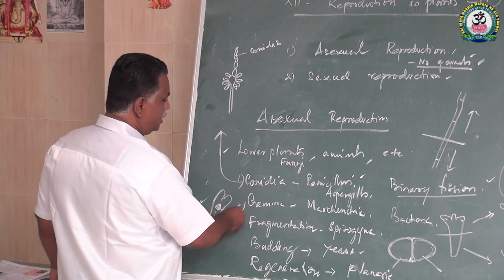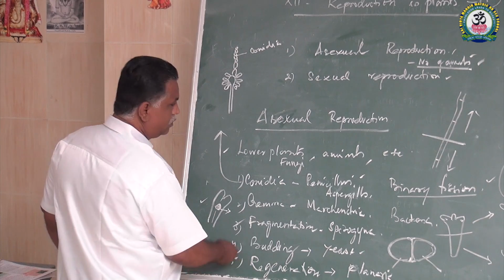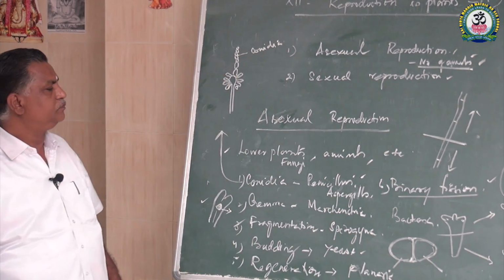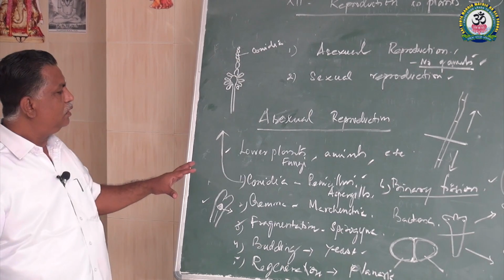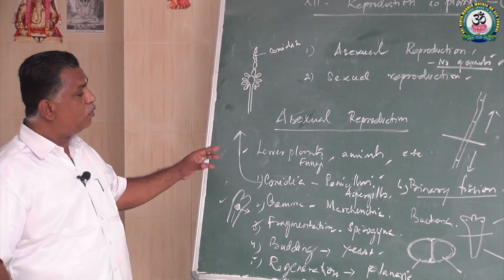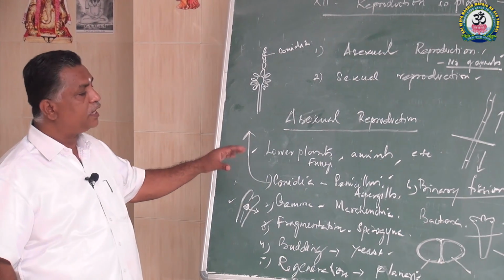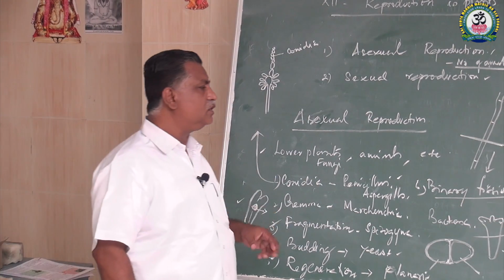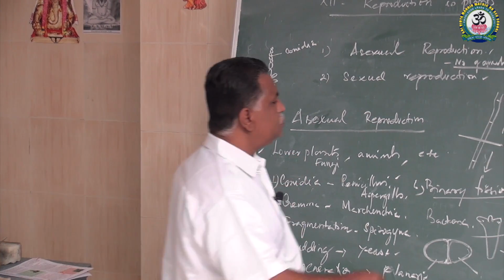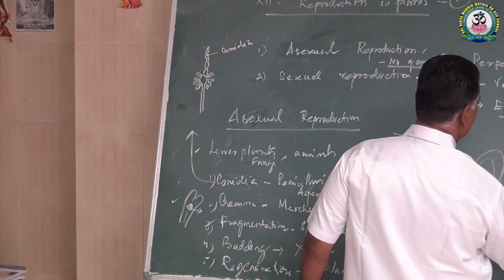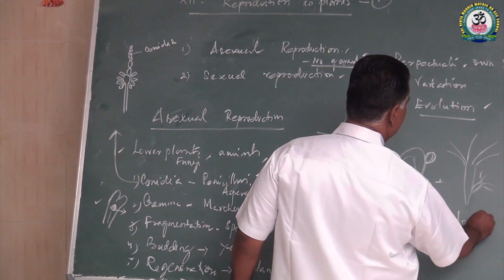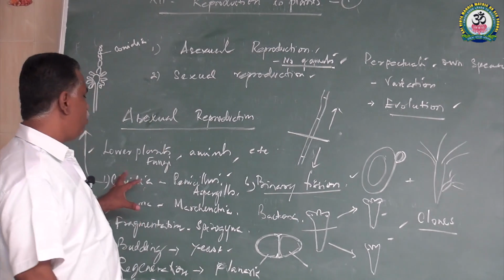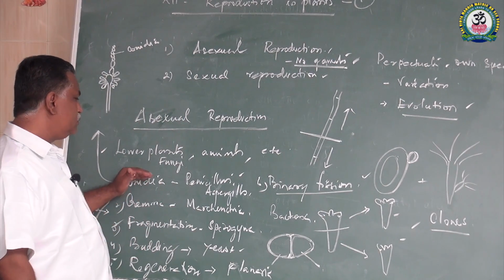So these are the 6 methods of asexual reproduction by which lower organisms, lower plants, fungi and animals reproduce. And because of this, they produce clones. What is the speciality here?